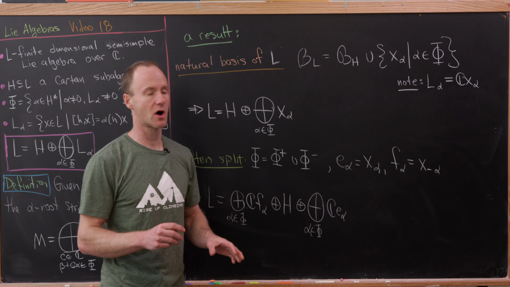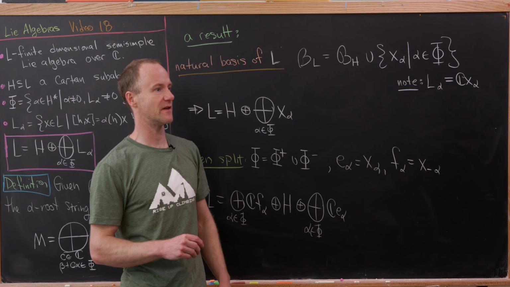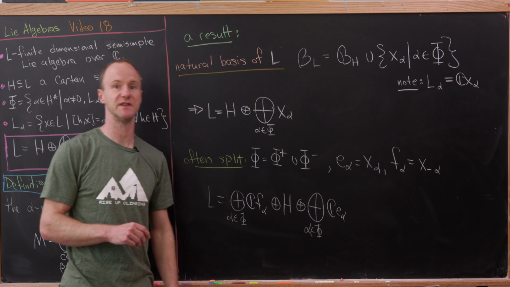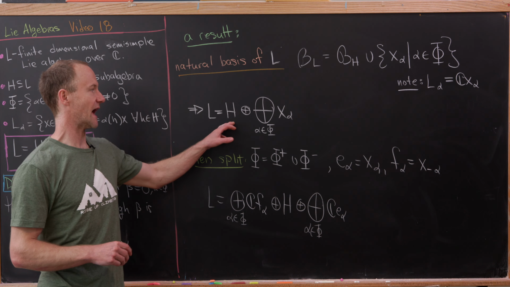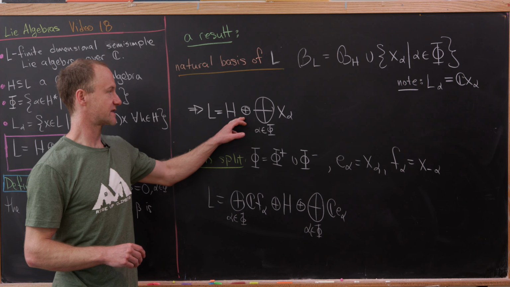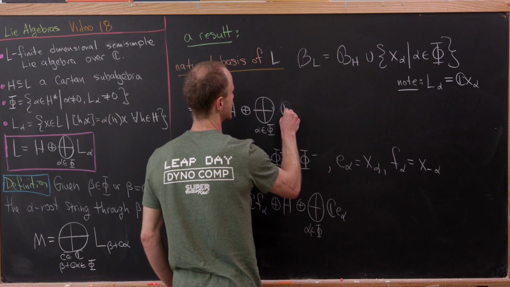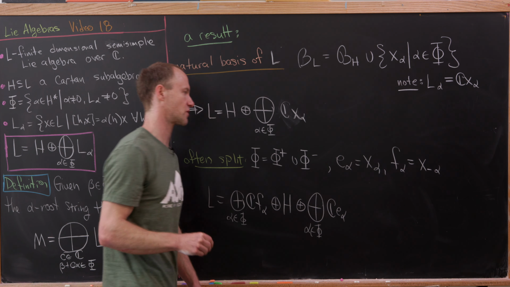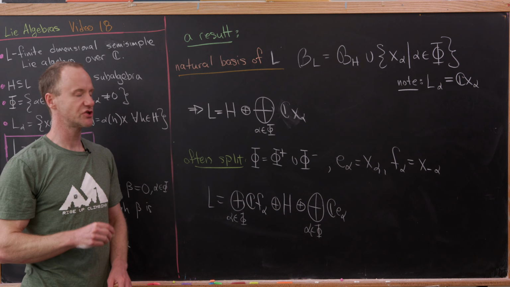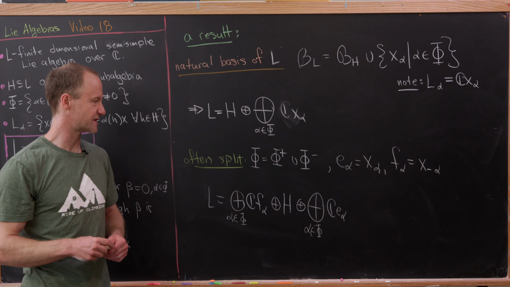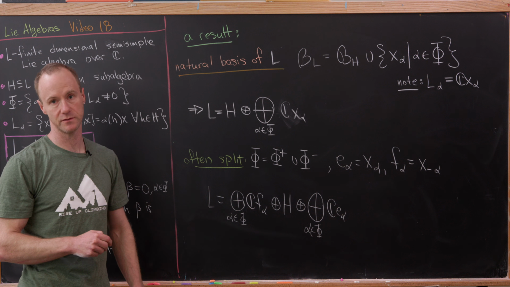That's because recall that these L alphas were one-dimensional, so we'll say that they're spanned by each of these X alphas. Now that means that we can write L as H direct sum with the direct sum of all of these CX alpha, so those are all one-dimensional subspaces. And then I should also point out that we often split up our roots into positive roots and negative roots.